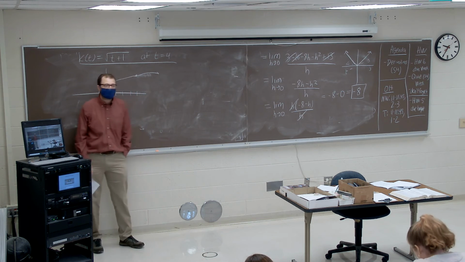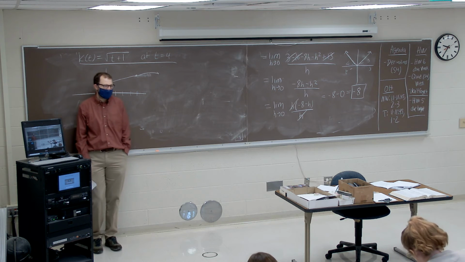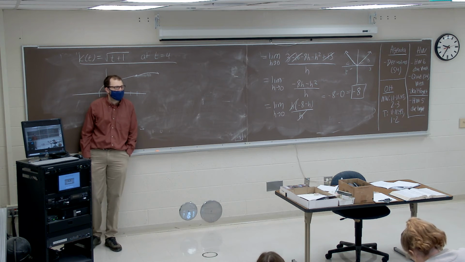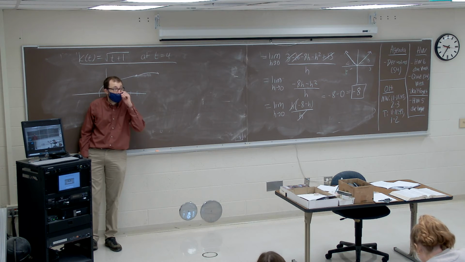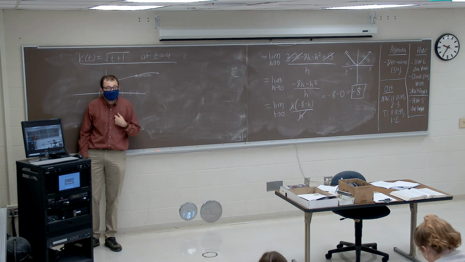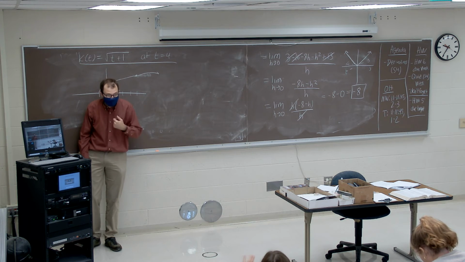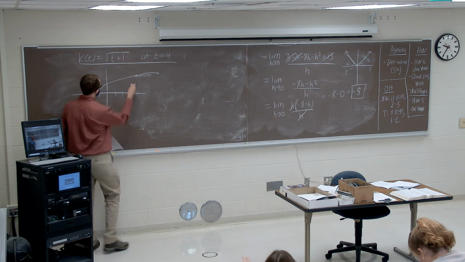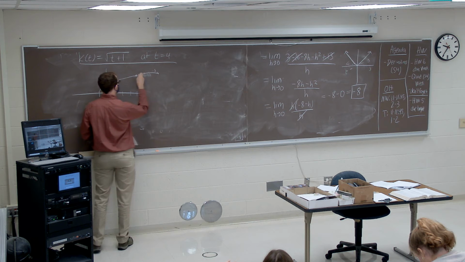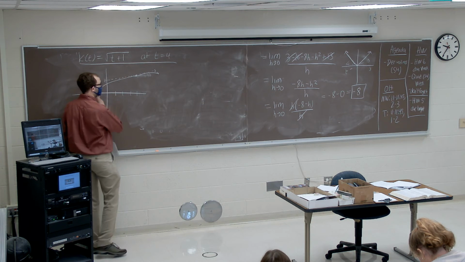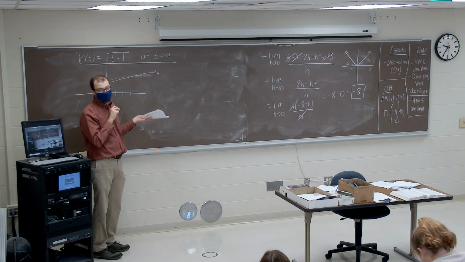So what type of answer are we going to expect to get? Positive number or a negative number? A big positive or a small positive? Small. Why small positive? Because if you draw the tangent line to that point, it's going to be a line with a really small slope.